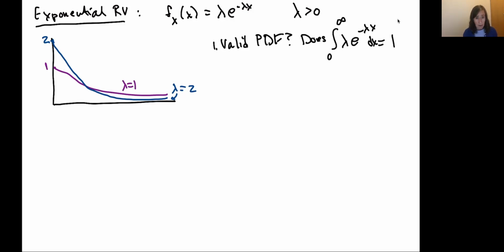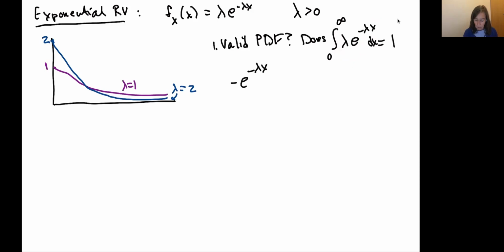First step is to find the antiderivative. Look at this lambda e to the negative lambda x, and just kind of in our heads try to reverse the differentiation process, asking ourselves, what kind of function would have a derivative of lambda e to the negative lambda x? I'm going to assert that this function does: negative e to the negative lambda x.